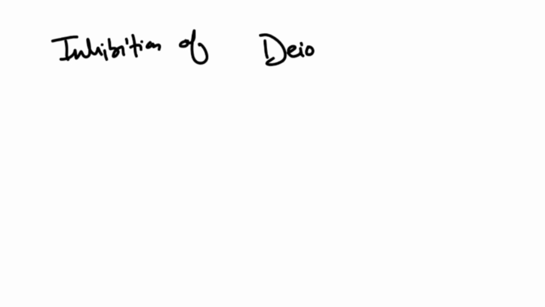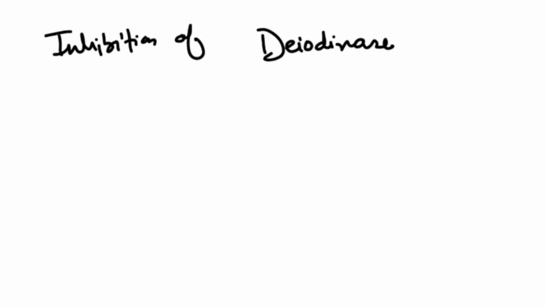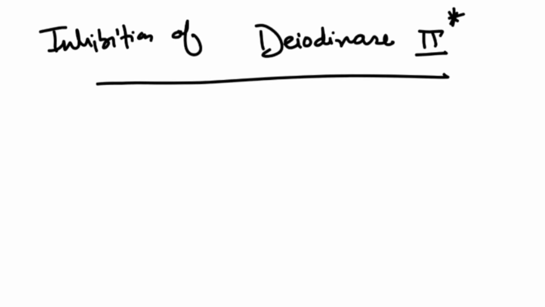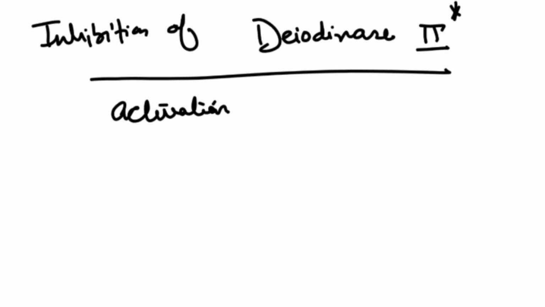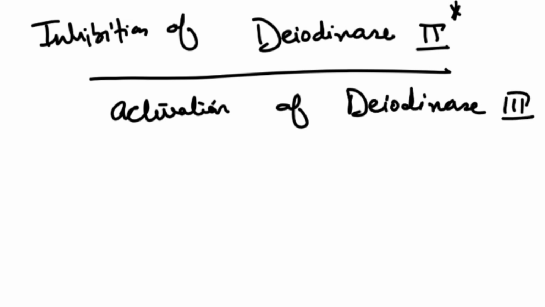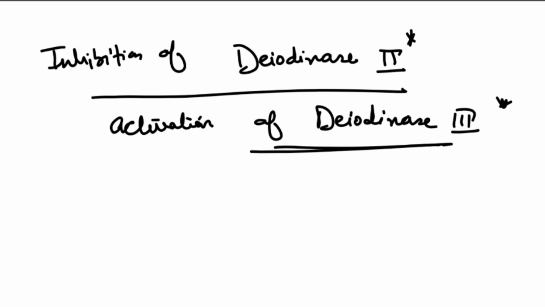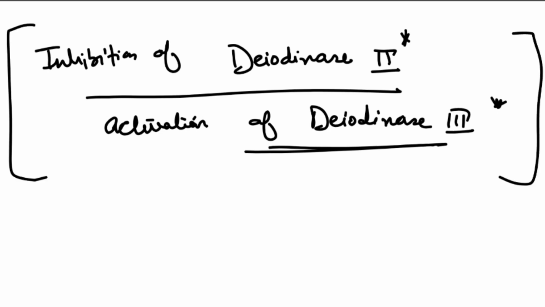There is temporary inhibition of deiodinase type 2 and activation of deiodinase 3. So what will happen with this inhibition and activation?